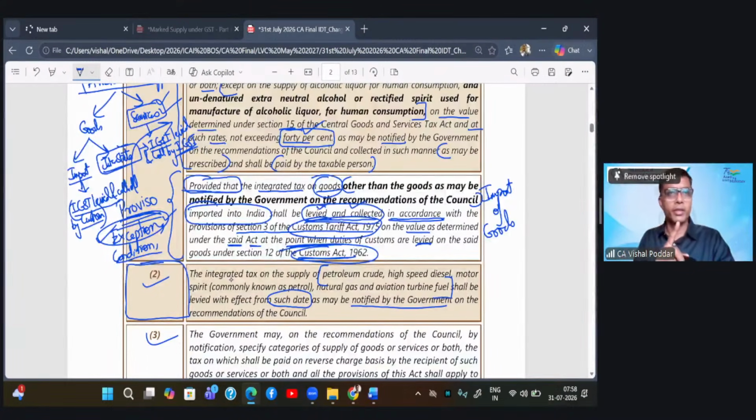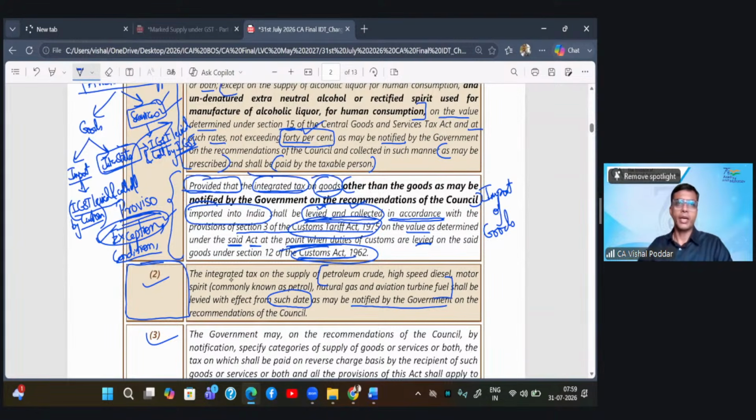So you are charging IGST. You are not charging customs duty. Custom duty will be charged on import, that is as per Customs Act. We are not talking about customs duty. We are talking about IGST only. But IGST will be levied, collected, but by whom? By customs. So customs will be doing everything for import of goods.